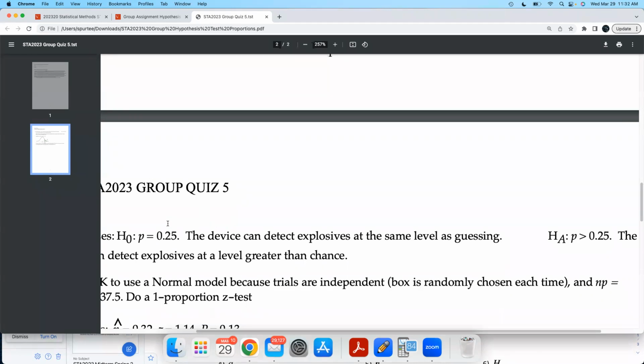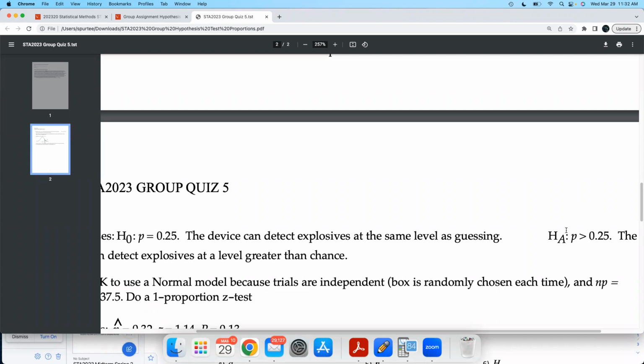When we fail to reject the null, like we just did, then we don't have strong evidence of this. So your next required line would say, we do not have strong evidence that this thing can detect more than 25% of bombs.